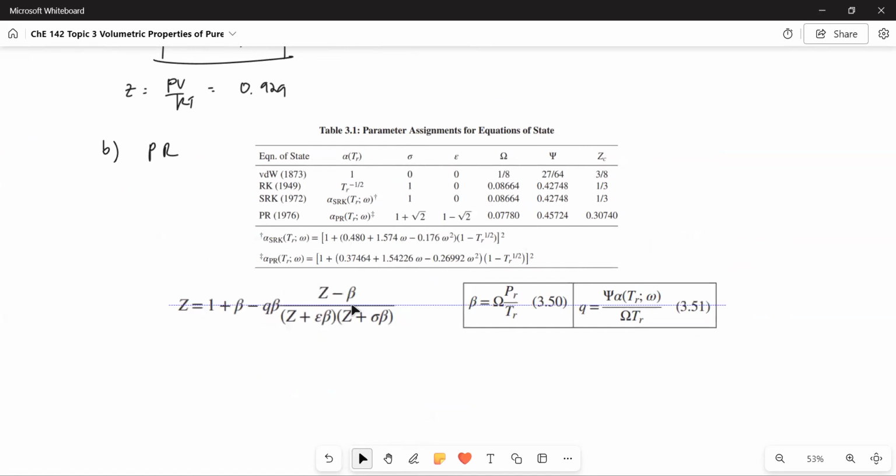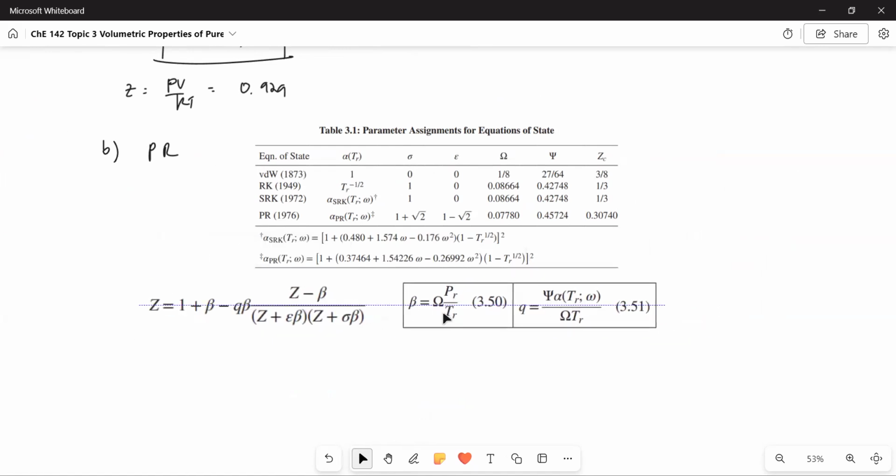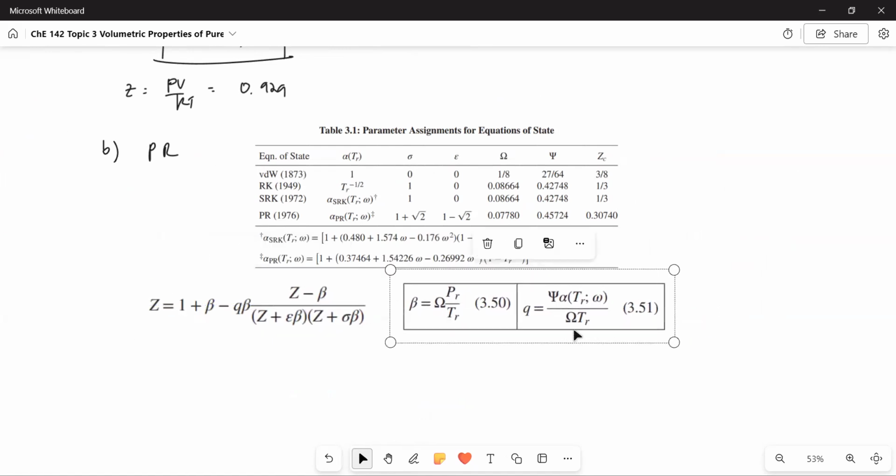We'll use this and this. So now we will use the PR and TR that we solved earlier. Based on the table for Peng-Robinson, sigma and epsilon are these values, 1 plus square root of 2 and 1 minus square root of 2, so I will not write them anymore.